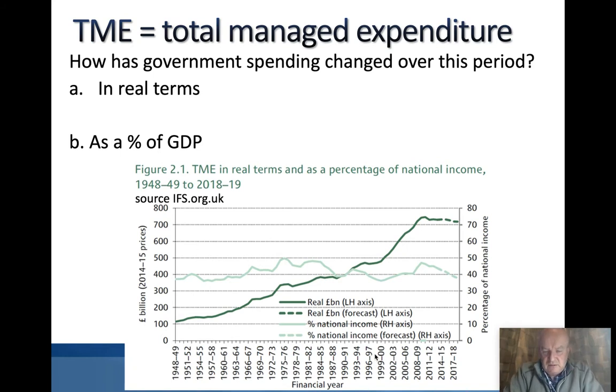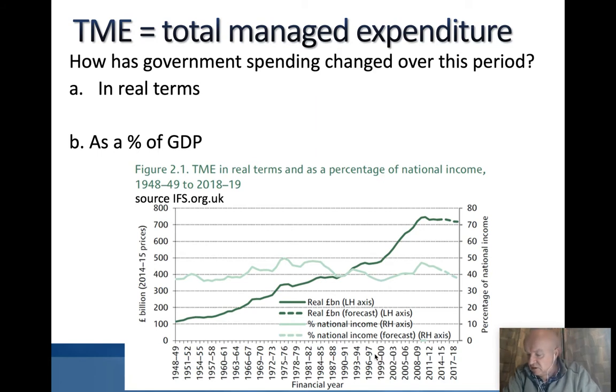And again, here's yet another set of graphical information for you to have a look at and assess. Now, you can see in this instance, and this happens quite a lot in economics charts, we've got two different scales. One is percentage of national income, and the other is billions in 2014-2015 prices.